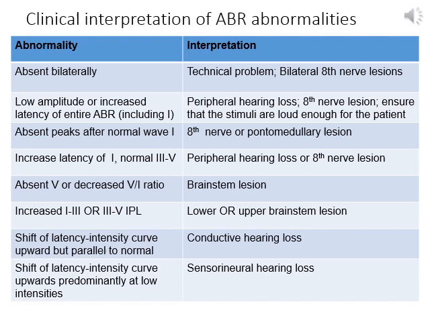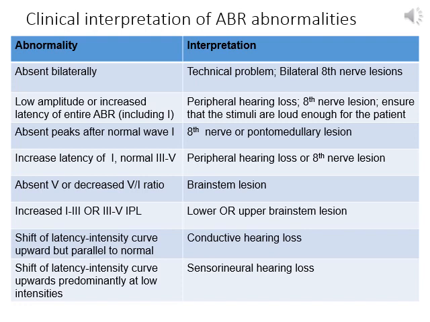If waves 1 and 3 are normal and wave 5 is absent, or if the ratio between wave 5 to 1 is atypically low, meaning the wave 5 is 50% smaller than the wave 1, this would suggest a brainstem lesion.